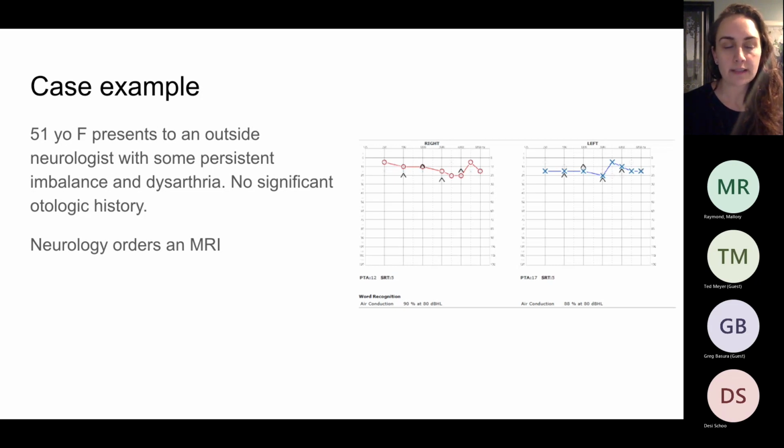The neurologist, hearing this combination of symptoms, ordered an MRI. When she came to us, she already had the MRI in hand. This was her audiogram. You can see that she has just a little bit of difference between the word recognition score, but hearing, no red flags there. And unfortunately, her MRI demonstrated the following lesion.